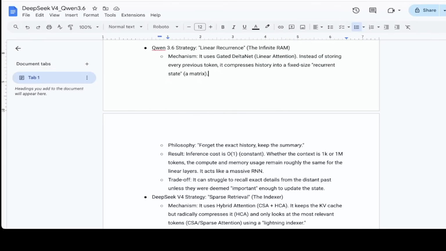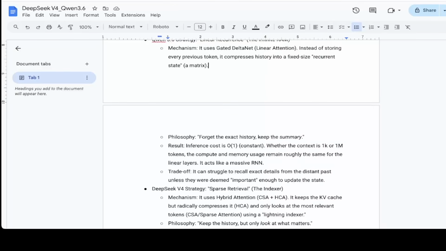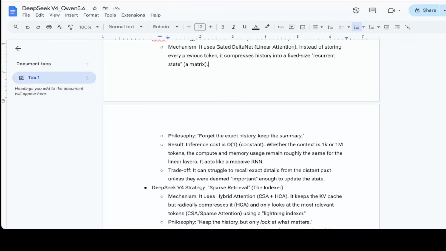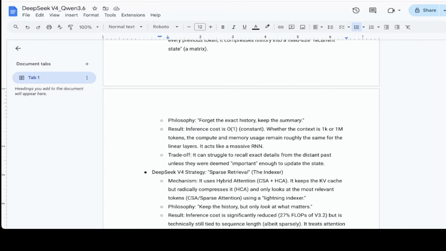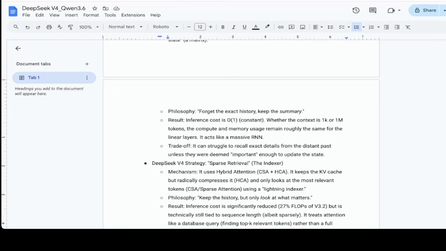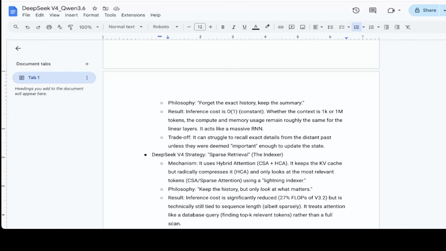And so you can see that inference cost is always linear, so it's O(n). The complexity is always O(n), whether the context is 1K or 1 million tokens. So the compute and memory usage remain roughly the same for the linear layers. So it's like a massive recurrent neural network. The trade-off is that it can struggle to recall exact details from the distant past, because it only retrieves the most important part and puts it into the matrix.